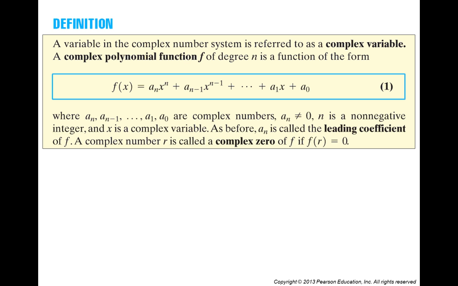A complex polynomial function f of degree n is a function of the form a sub n x to the n plus a sub n minus 1 x to the n minus 1, etc., so we get a1 x plus a0, where a sub n, a sub n minus 1, and a0 are complex numbers. As before, a sub n is called the leading coefficient. A complex number r is called a complex zero.